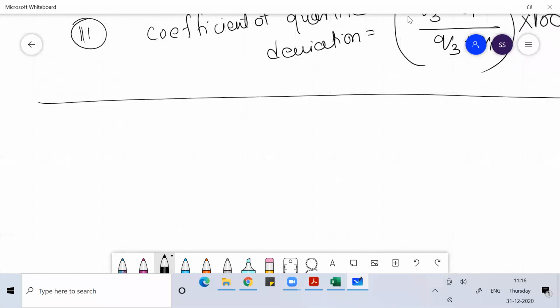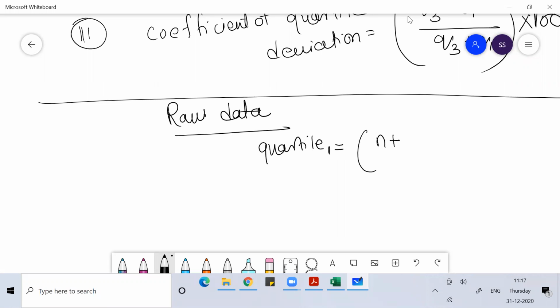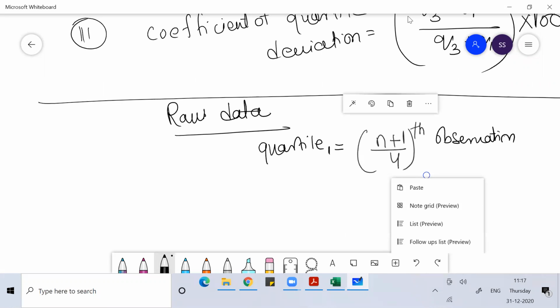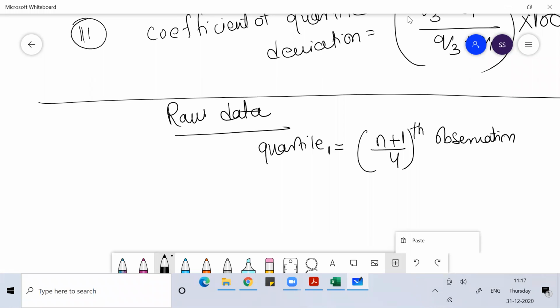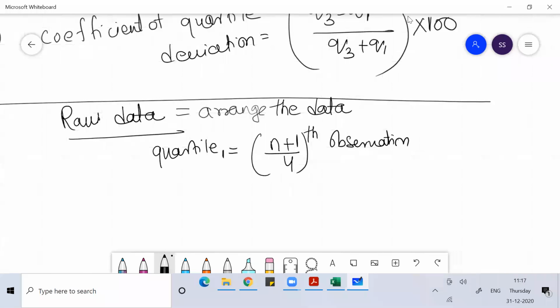Okay, so again, if I give you raw data and ask you to calculate the quartiles, for quartile 1 you'll use the formula (n plus 1) by 4th observation.